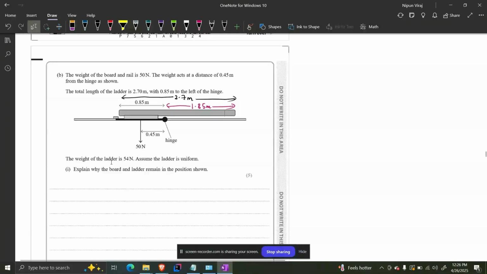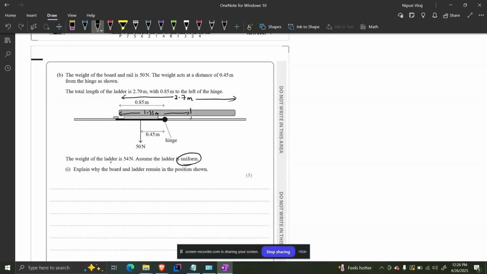The weight of the ladder is 54. Assume the ladder is uniform. Assume the ladder is uniform means the center of gravity of the ladder is exactly halfway. So simply speaking, the center of gravity will be at a point somewhere at 1.35 meters.